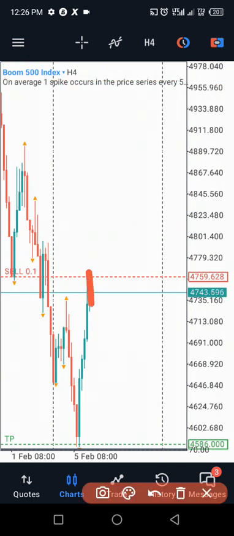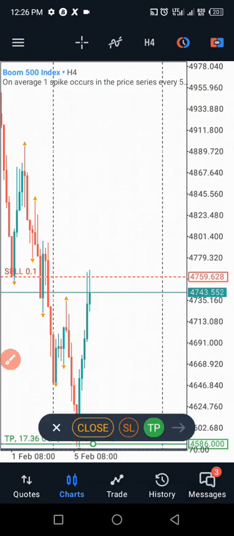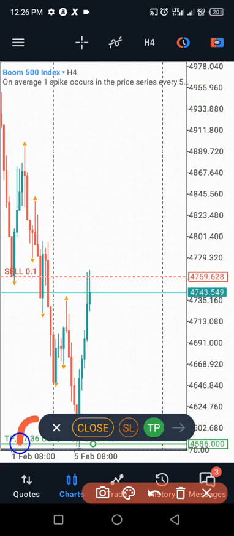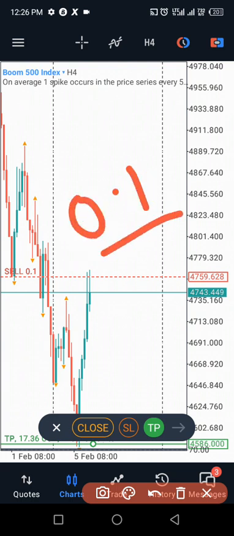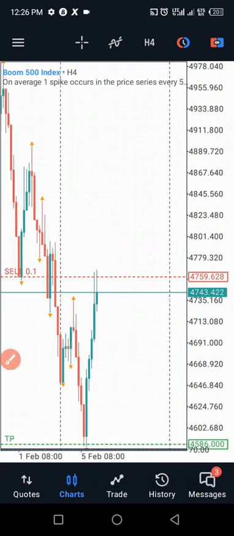If price should get to my take profit, I'll be making $17 from this trade, with just 0.1 lot size. Okay, so it's still the same 4-factor confluence that I used to enter this trade.